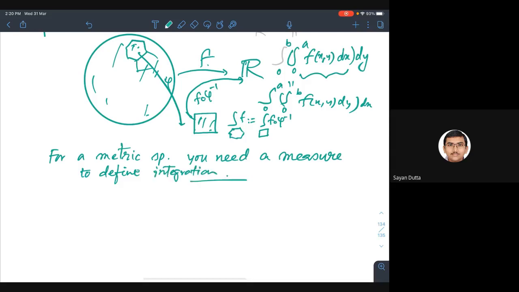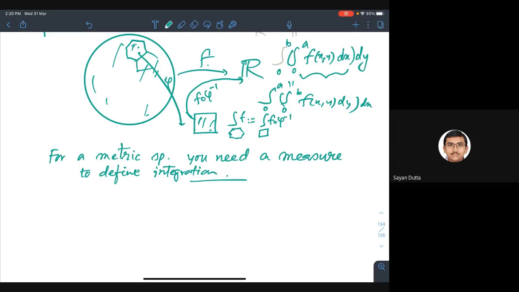A space with a measure is actually called a measure space. So one needs a topology. The concept of open set should be there, and the concept of a measure on open sets, closed sets, compact sets. Those things should be there, and then you can define the integration of a function on the space.